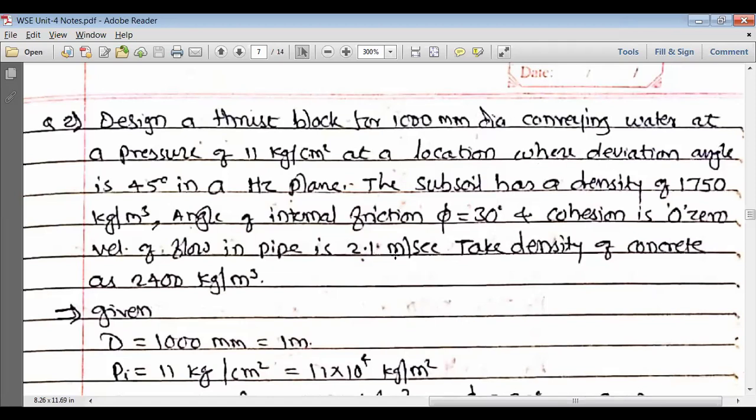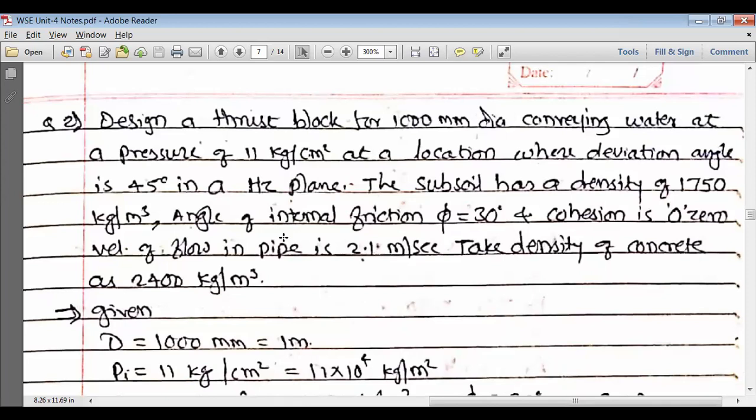The velocity of flow in the pipe is 2.1 meter per second. Take the density of concrete as 2400 kg per meter cube.